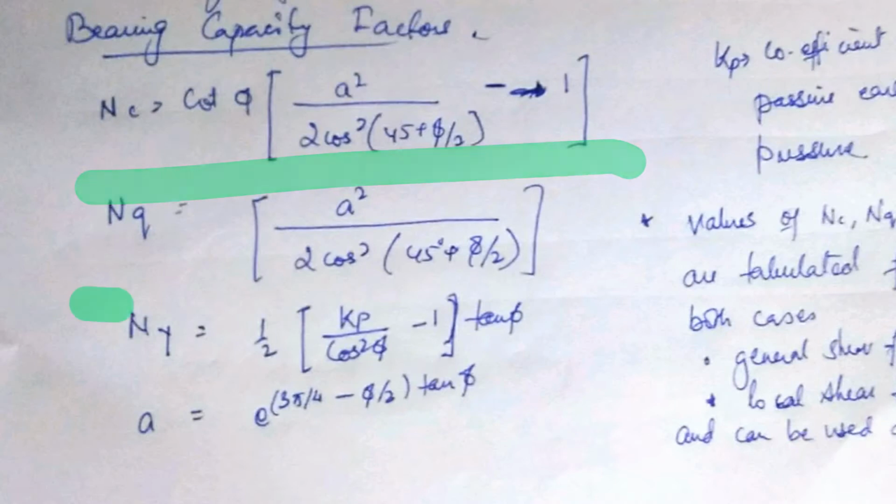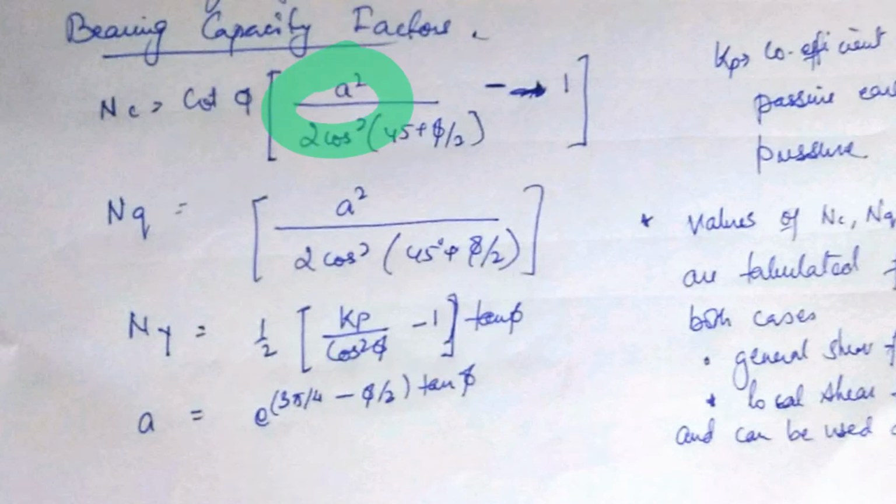The value of NQ is actually equal to A square by 2 cos square of 45 degree plus phi by 2. And your value of N gamma is actually equal to 1 by 2 Kp upon cos square phi minus 1, times tan phi. What is A?